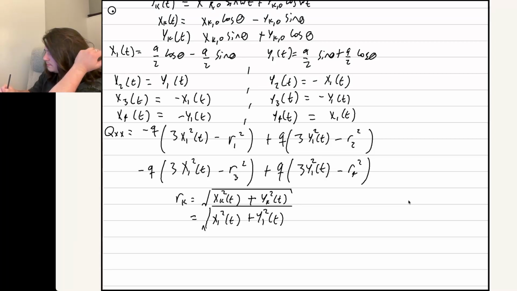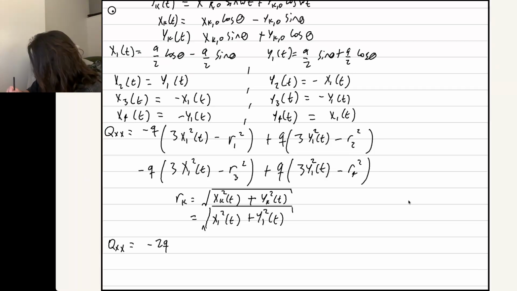So then our quadrupole moment on the xx component is going to be minus 2q times 3 x1 squared of t minus this thing, and it's squared actually, x1 squared of t plus y1 squared of t.